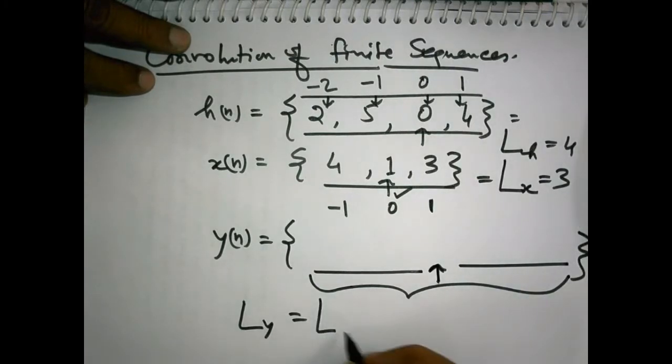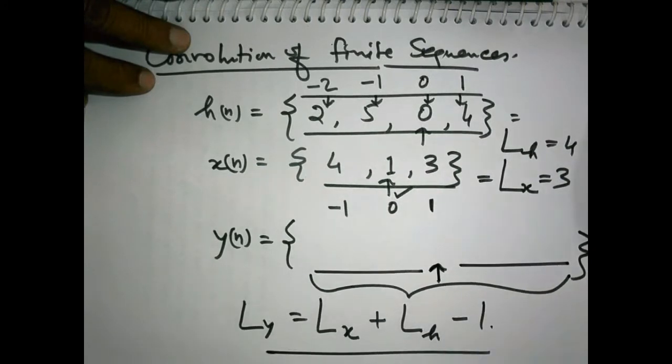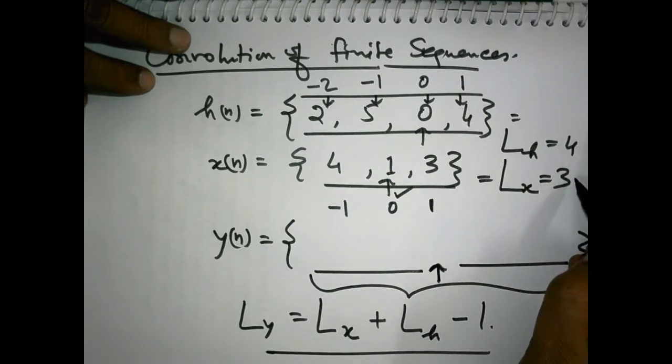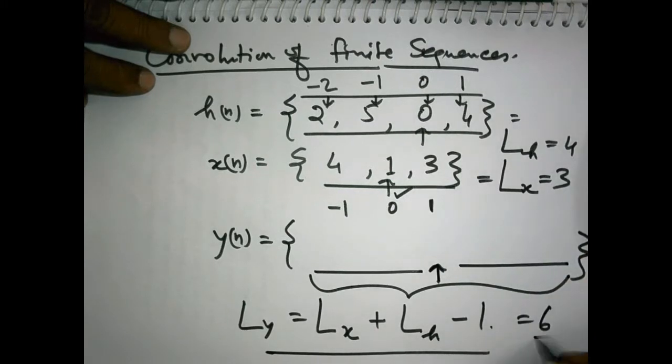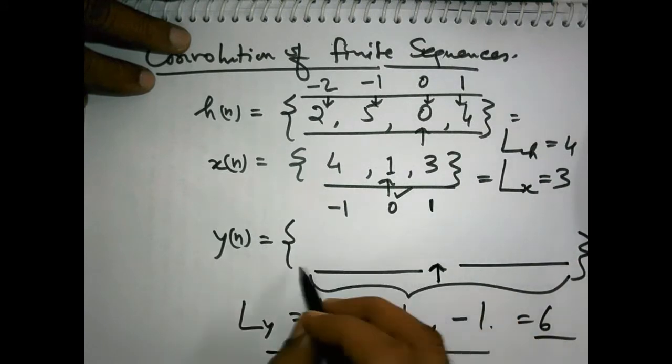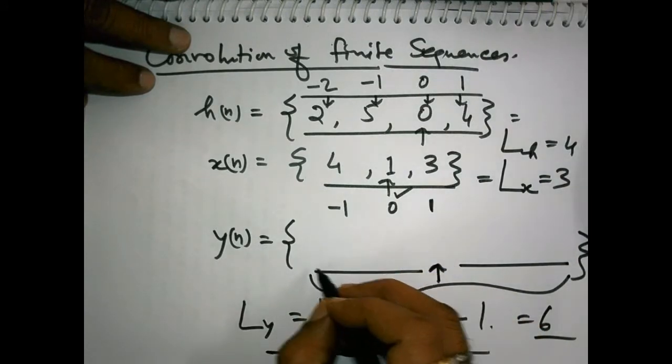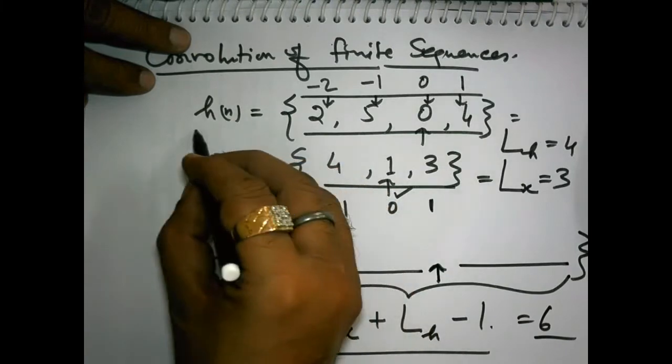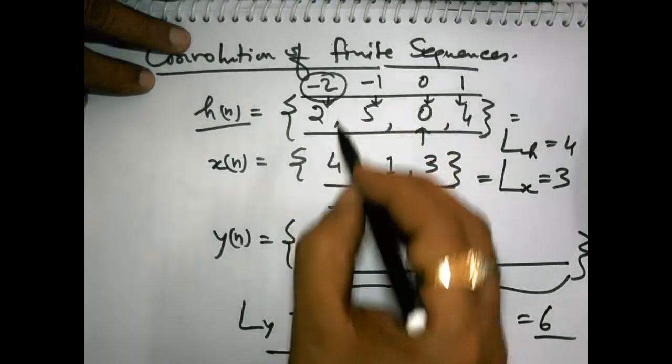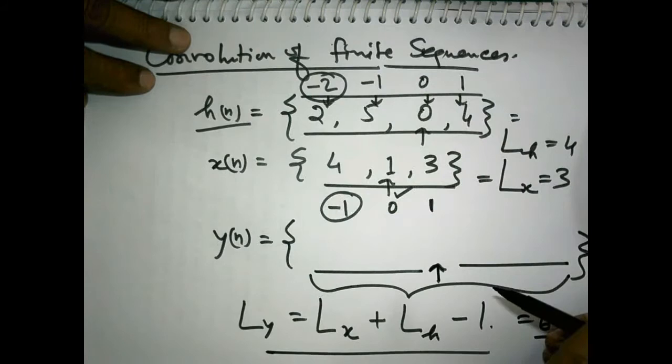Length of y equals length of x plus length of h minus 1. How many samples will be there in y? Both are having in total 7 samples, so naturally yn will have 6 samples. What will be the starting index of yn? The starting index of yn will be the sum of the starting index of hn and xn.